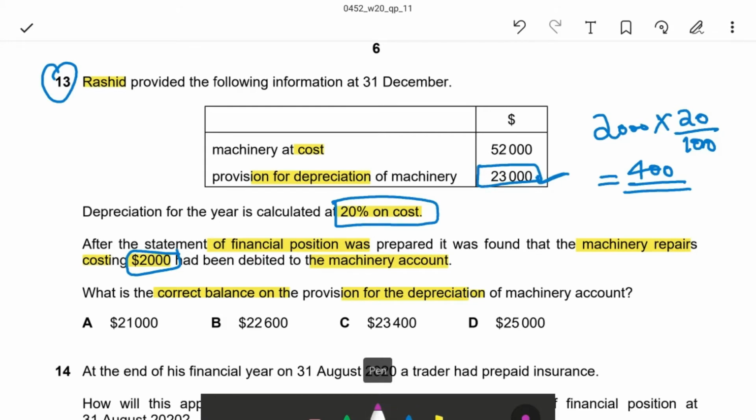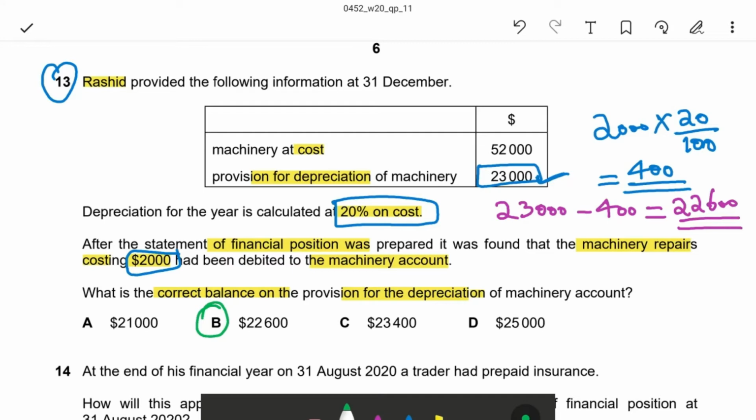So the correct depreciation is 23,000 minus 400, which is 22,600. Correct option is answer B.